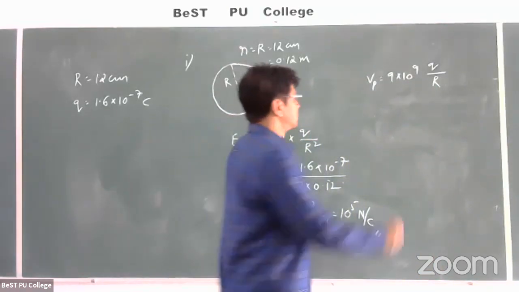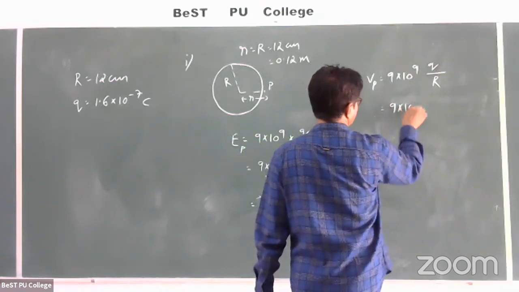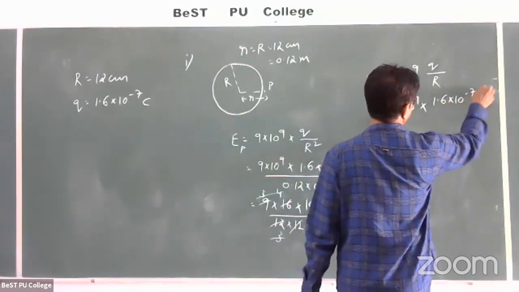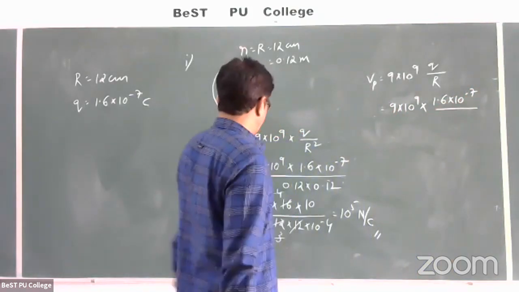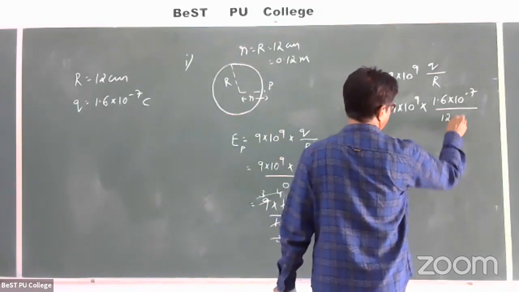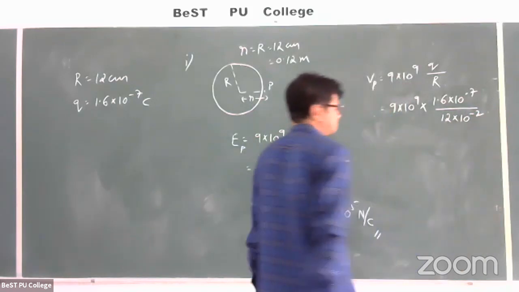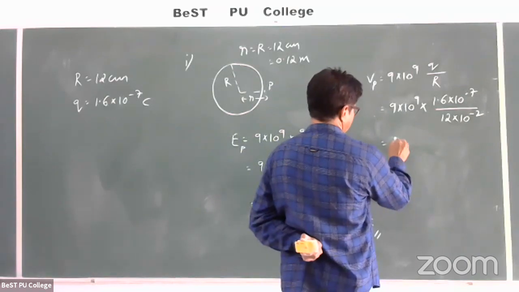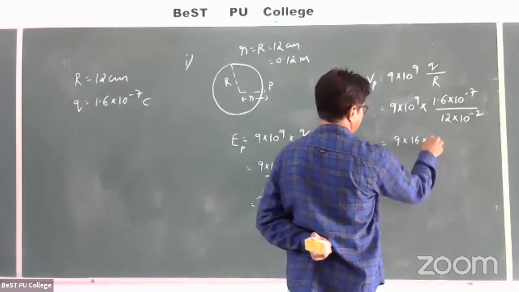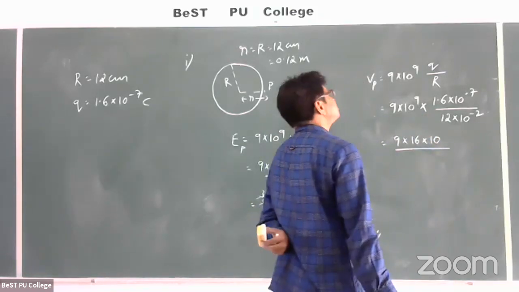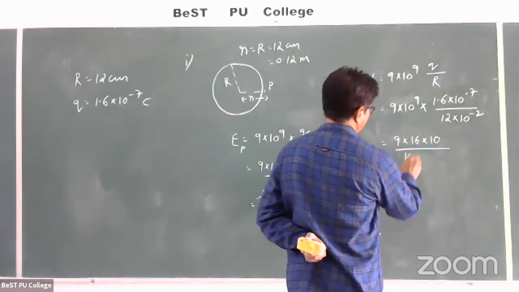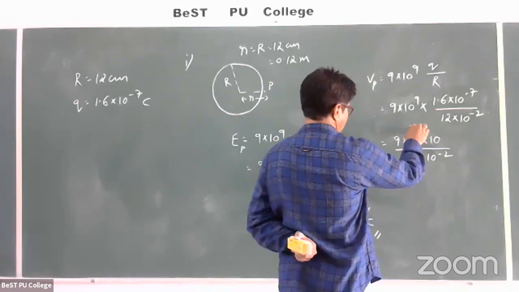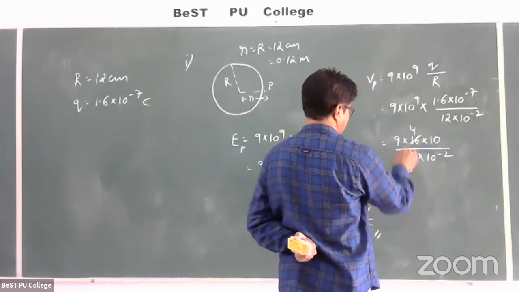Q value is 1.6 into 10 to the power of minus 7 divided by capital R value, 12 into 10 to the power of minus 2, which is equal to 9 into 16 into 10 divided by 12 into 10 to the power of minus 2. 3 fours, 4 threes, 3 threes, 3 nines.